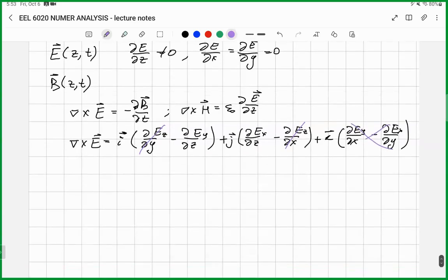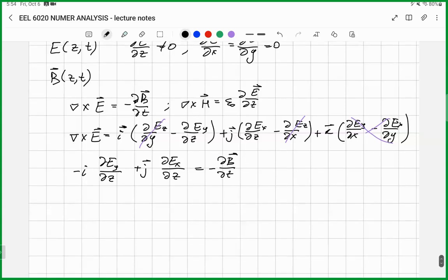So I get the equation for the curl of electric field, which is minus i dEy over dz plus j dEx over dz, and it's going to be equal to minus dB over dt. Okay, this is the first one.